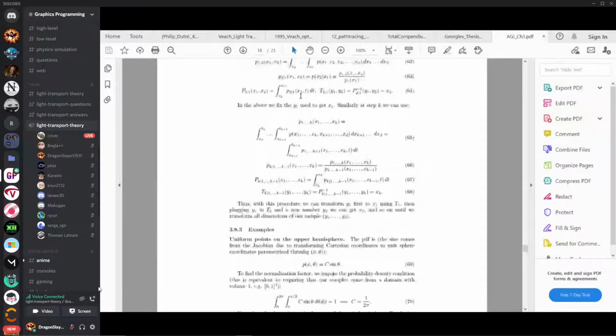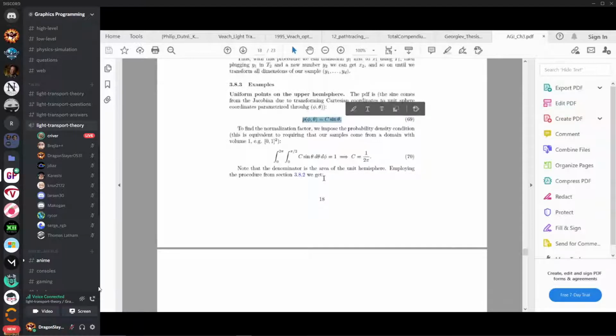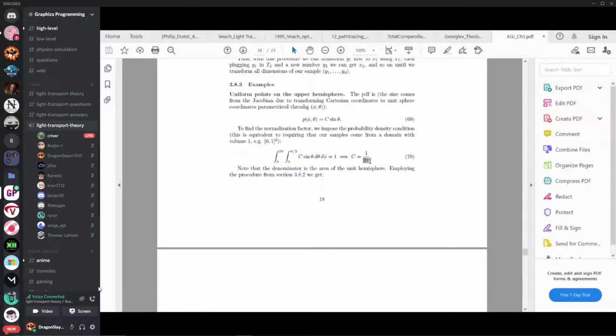The first step is that my PDF should integrate to 1. So I need to find a C that makes it integrate to 1, and after you integrate it, you find that C here is 1 over 2 pi. This is not a coincidence: this is the unit upper hemisphere, and it has an area of 2 pi.